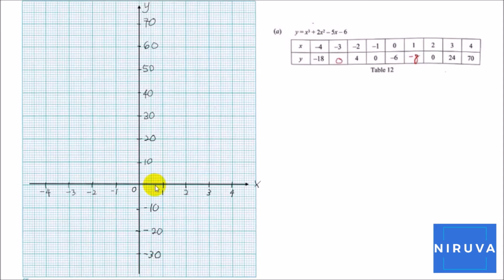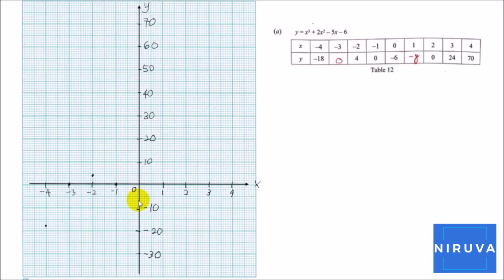Okay, now we can plot the graph. So first is negative 4, negative 18. So negative 4, negative 18 is here. Okay, negative 3 is 0. Negative 2 is 4, so negative 2, 4 is here. Negative 1 at 0.